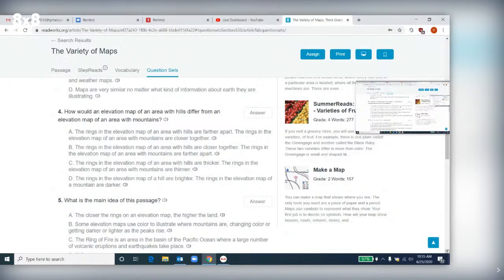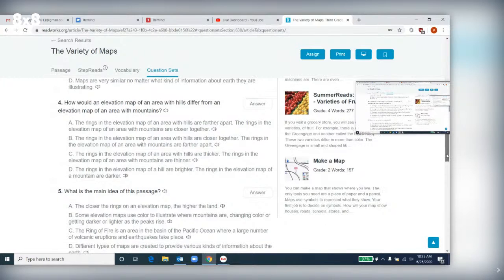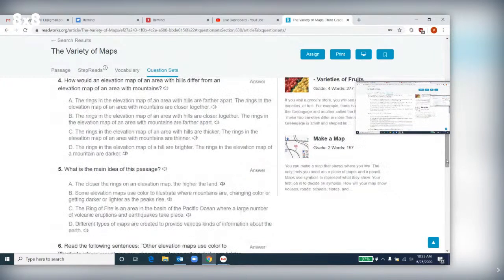What is the main idea of this passage? Okay. A, the closer the rings on the map, the higher the land. That's true, but I don't know if that's going to be the main idea. B, some elevation maps use color to illustrate mountains, changing color, getting darker as layers of peaks rise. Doesn't really talk about that. C, the Ring of Fire is an area in the basin of the Pacific Ocean where a large number of volcanic eruptions and earthquakes take place.